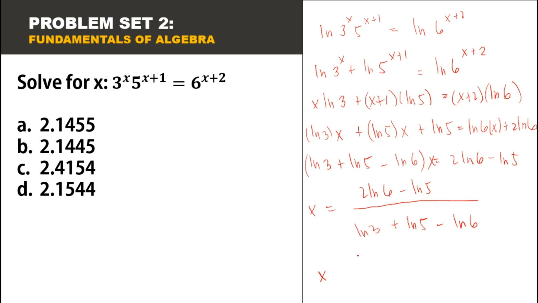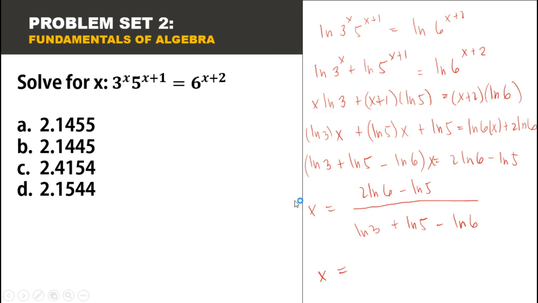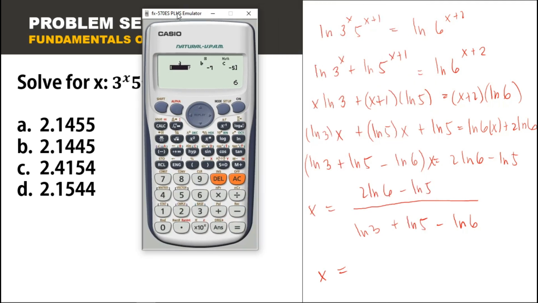So using our calculator, we have 2 ln 6 minus ln 5, all over ln 3 plus ln 5 minus ln 6.